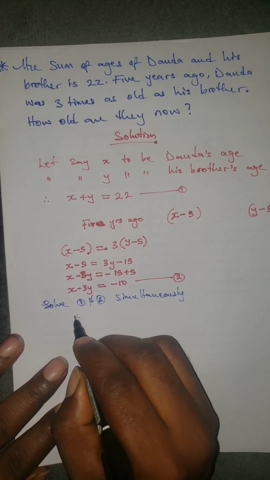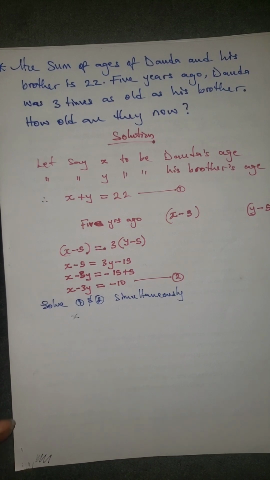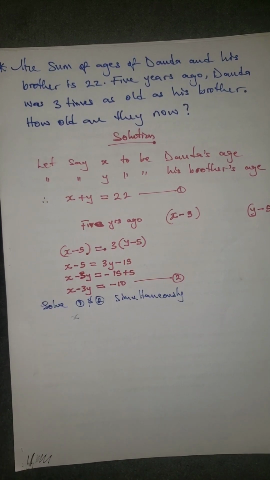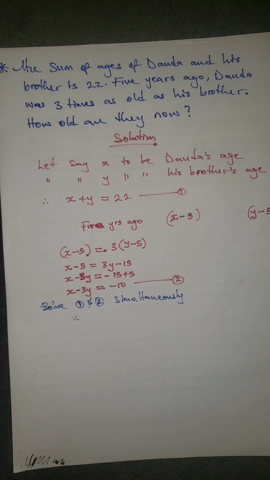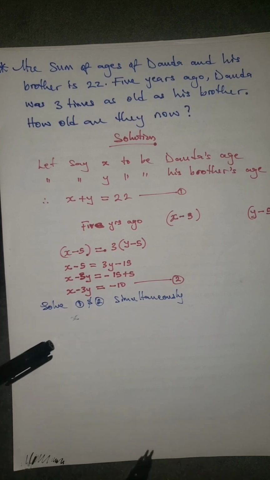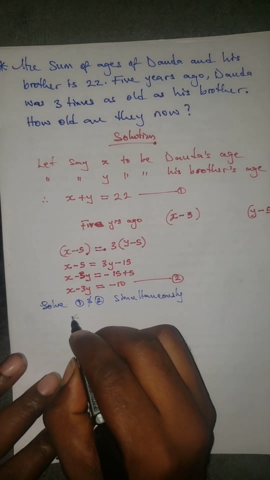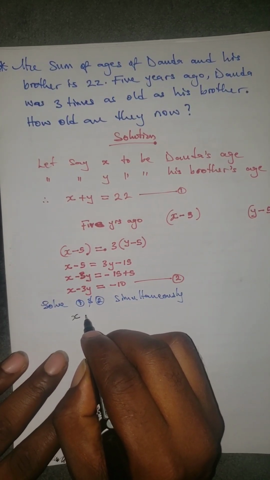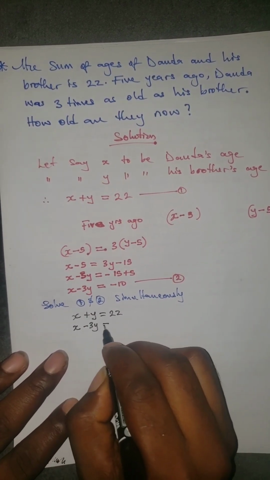So that will give us x plus y equals 22 and x minus 3y equals minus 10.